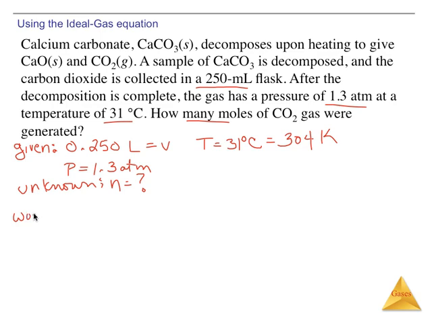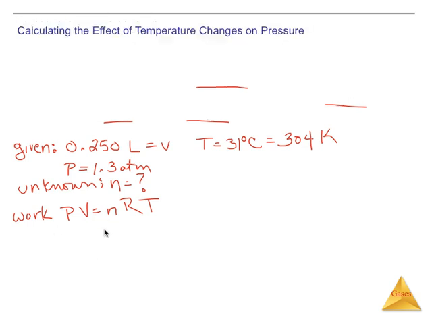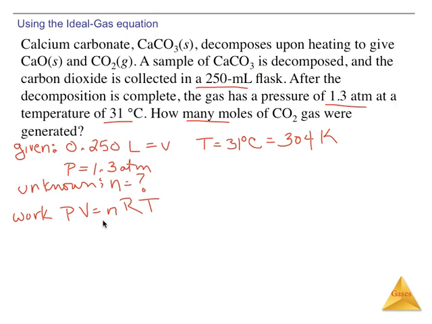So, working through the problem, I have P, I have V, I'm looking for n, R is a constant, I have T. Solving this equation for the unknown in terms of the other variables, I will have n is equal to PV over RT.